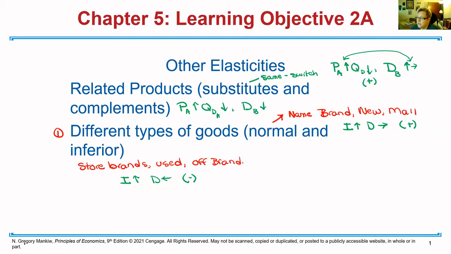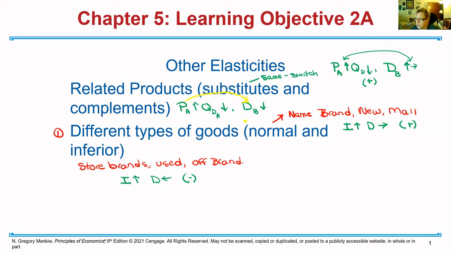Notice the negative correlation between the price of good A and the demand for good B. One goes up, the other one goes down, so that's our negative correlation.